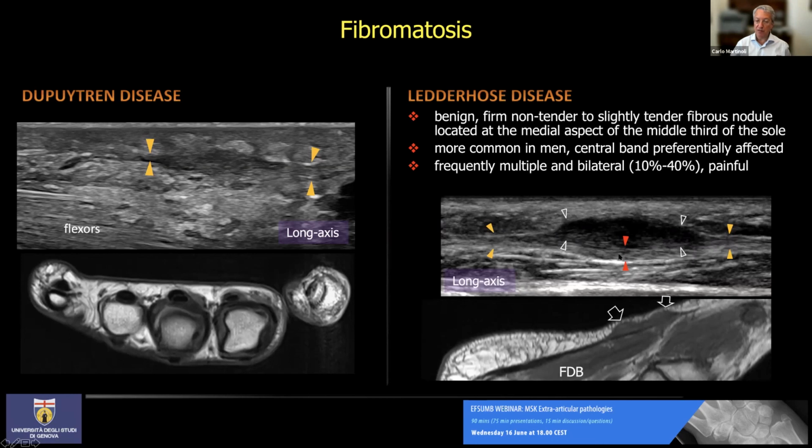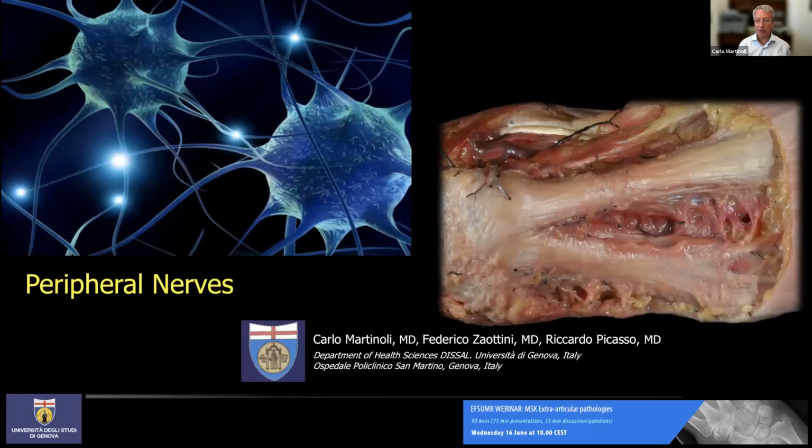In both cases, remember, one of the key features for the diagnosis is to demonstrate the continuity with the fascias. If not, the mass you see is totally nonspecific, is a mass of soft tissues. And so you have to be very careful because it may also be a sarcoma. So depiction of the continuity of the mass with the fascias is very important for a correct diagnosis. Thank you very much.